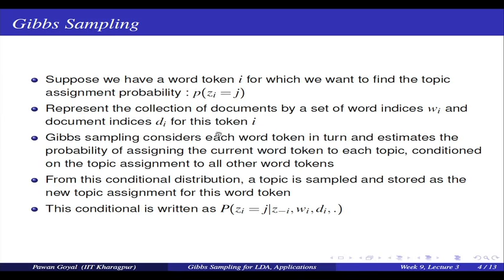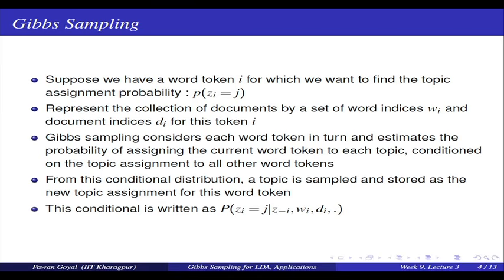Gibbs sampling considers each word token in turn and estimates the probability of assigning the current word token to each topic, conditioned on the topic assignment of all other word tokens. In a particular iteration, assume that you know the topic assignment for all the other words except this word. Based on this you try to assign a topic to this word.